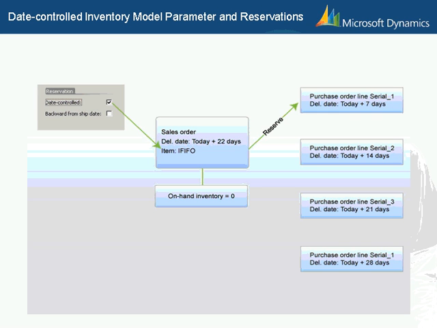there is a sales order and the delivery date is today plus 22 days. And the option date control is active. So now the system reserves according to the FIFO principle.